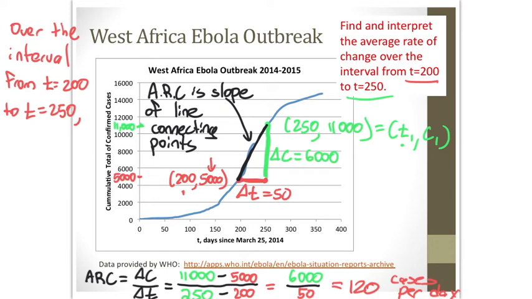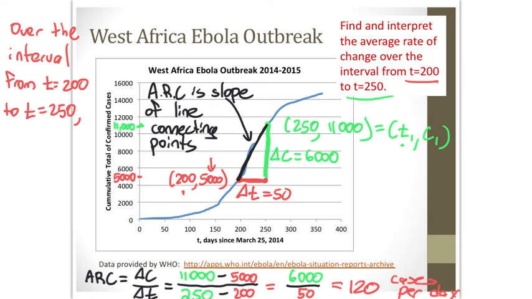With an average rate of change, since the slope of this graph is changing depending on what interval we're looking at, we should begin our explanation by specifying what period of time we are looking at. So over here, I have over the interval from t equals 200 to t equals 250. So now I've specified we're looking over this interval of time.